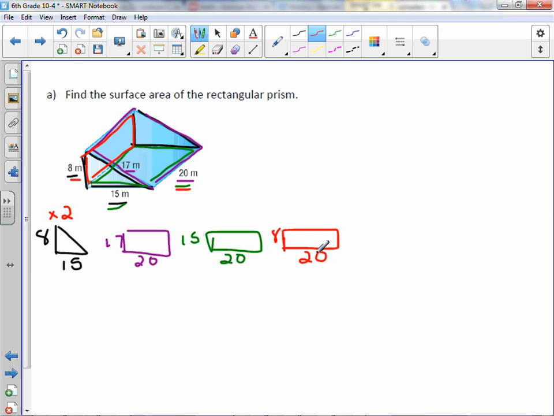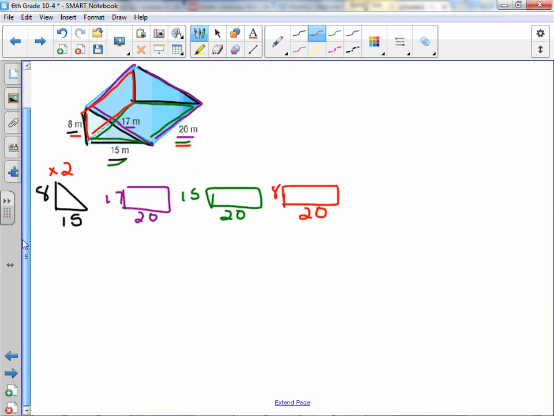But I have the 3 total rectangles and 2 triangles. So now let's find the areas. Area of the triangle is 1/2 base times height. Area equals 1/2 times 15 times 8.